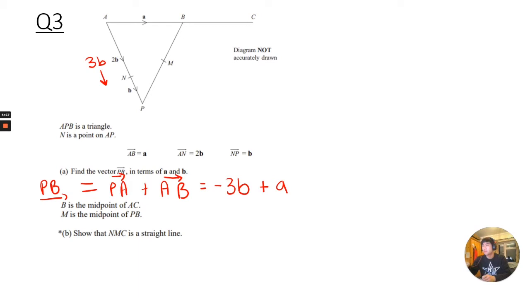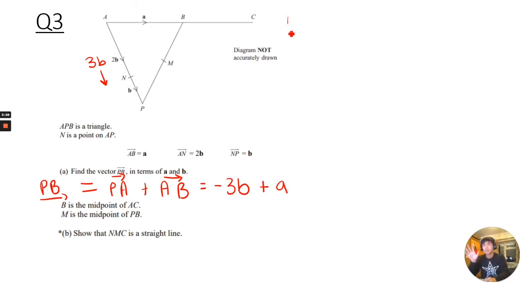Okay, so NMC, which is here, N to M to C, is a straight line if we can prove that the vector M to C is a scalar multiple of the vector N to M. If that is the case, it means that they are going in the same direction. So let's try and prove that then.